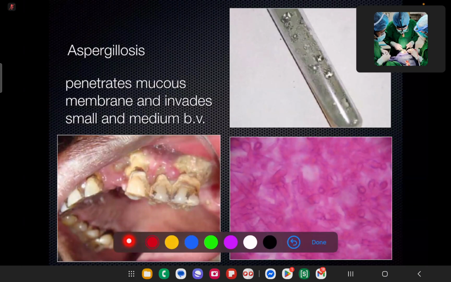One of the two fungal infections that greatly affect the oral cavity is what we call aspergillosis. Aspergillosis penetrates the mucous membrane and invades small and medium blood vessels. This is a perfect example of aspergillosis. It only affects small and medium blood vessels, so basically it affects the capillaries of your tissue.